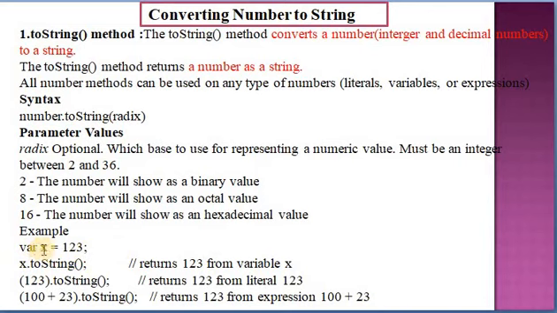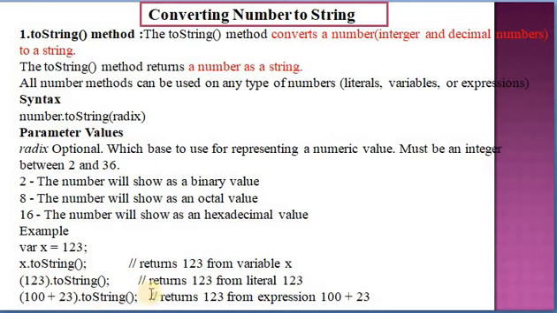Example, suppose x is equal to 123, and here by using the toString method we convert the number to a string. Here x.toString() returns "123" from variable x. Here x is a variable. It is used on any type of number, that is on a variable, on a literal value, or on an expression.